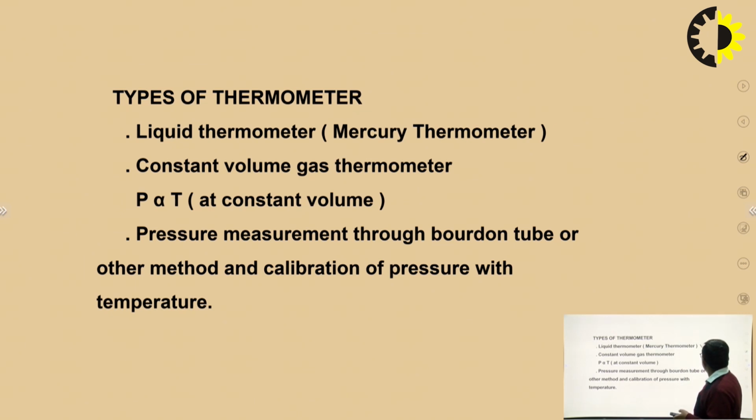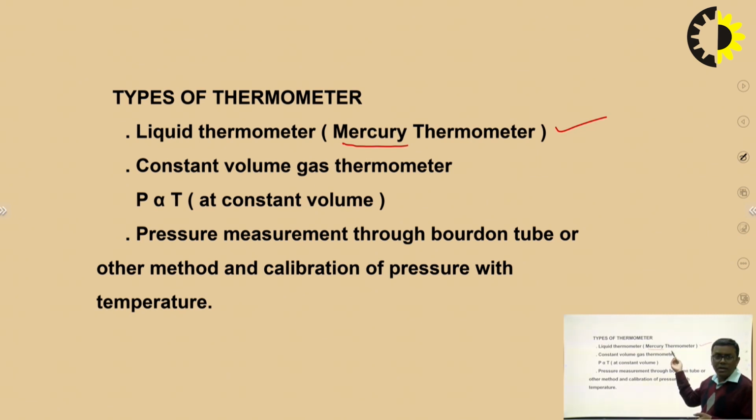The very first and most common is the liquid thermometer, which we use at home for measuring body temperature and ambient temperature. The liquid is mercury, which has a tendency to expand with temperature rise. This is a contact type thermometer where the expansion of mercury takes place.